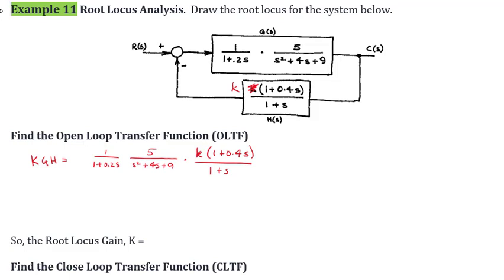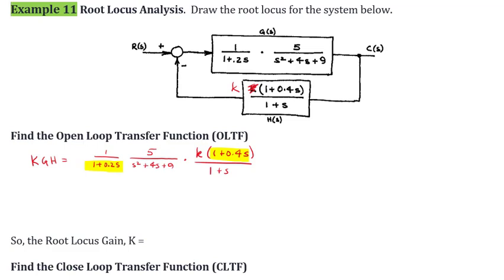So the first thing that I want to say is that this term right here and this term right here are not in the standard form. It's not a problem really, but in order to find poles and zeros, or in other words roots, typically we want them in a little bit better form. So as we move forward, we'll make a few changes to make that so.